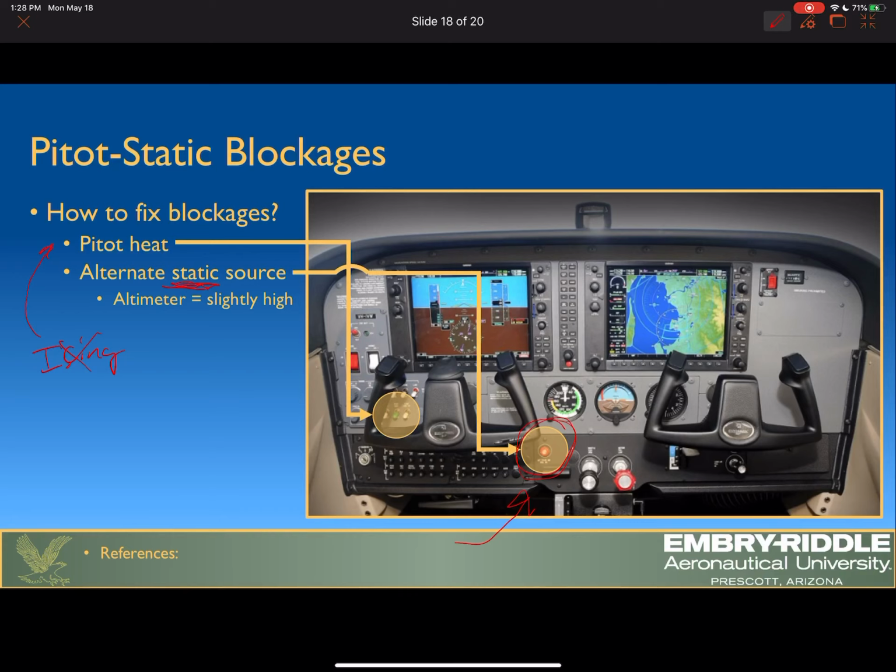And the inside of the cockpit is going to be warmer than outside the cockpit. Or in some cases, I shouldn't say it's warmer, it might be cooler inside the cockpit. So we'll get a slightly high altimeter reading because the pressure will be slightly different. So we should see a slight change in pressure.